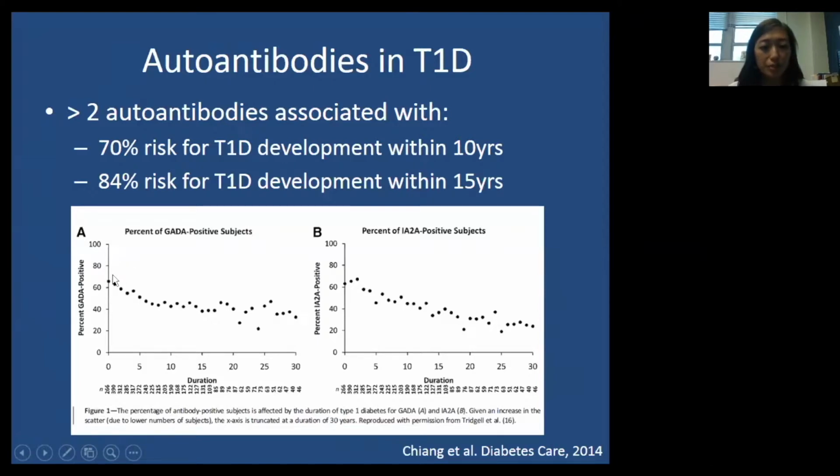And they determined that there's about a 70% risk for type 1 diabetes development within 10 years of antibody positivity, and 84% risk within 15 years of antibody positivity when looking specifically at the GAD antibody and the IA2A antibodies.